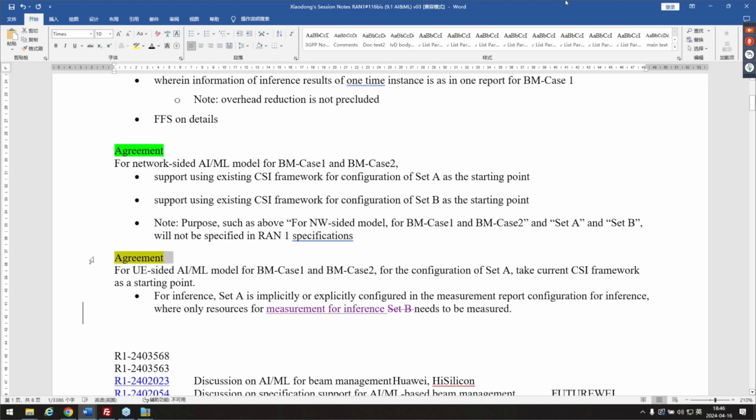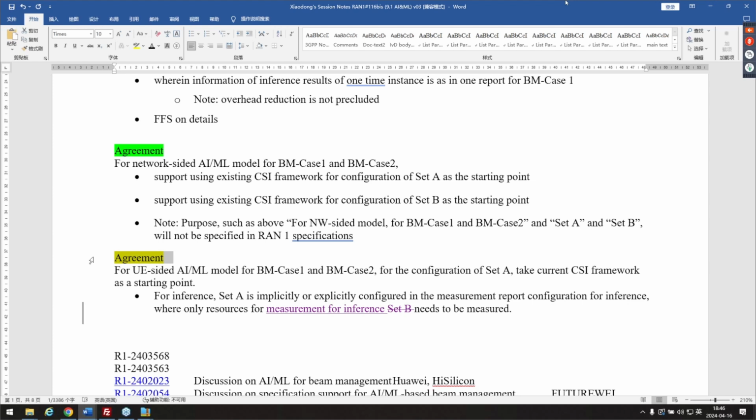And on the other hand, the gNB may configure to the UE some additional resource other than the set B. If that happens, it's just the resource for measurement for inference. So that's the motivation to update. It's also applied for the later proposals.